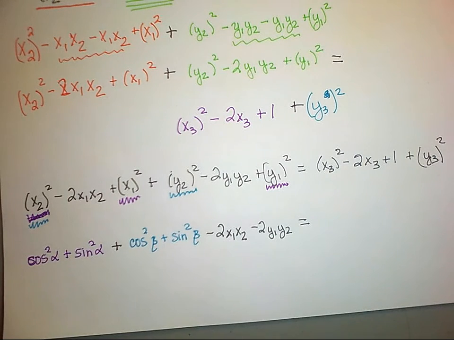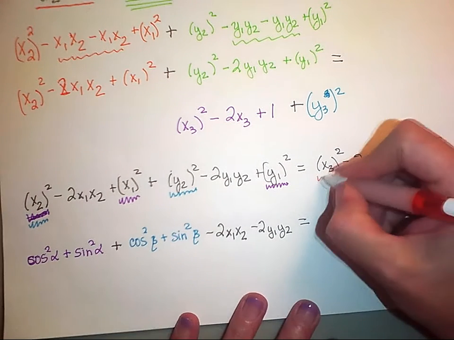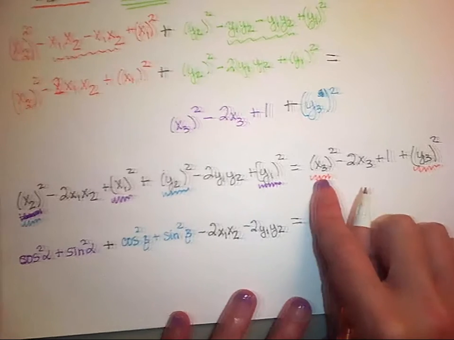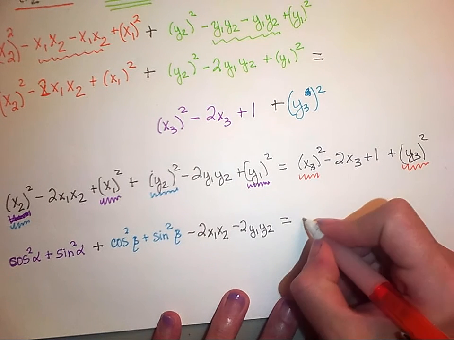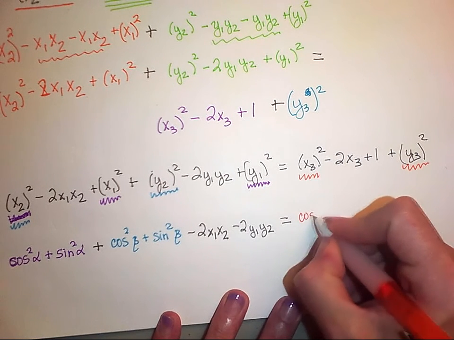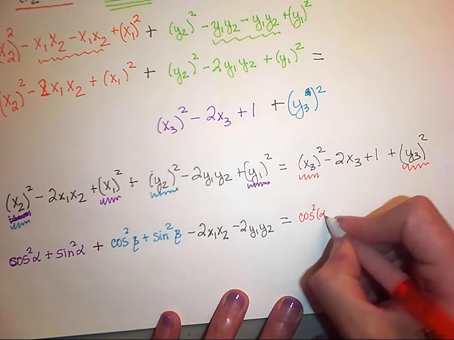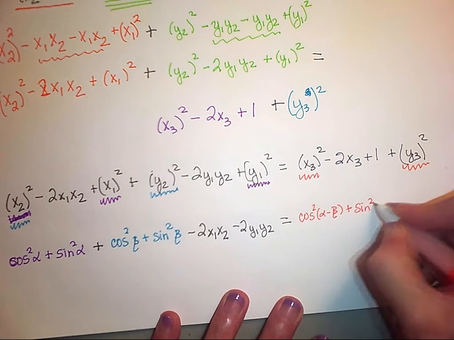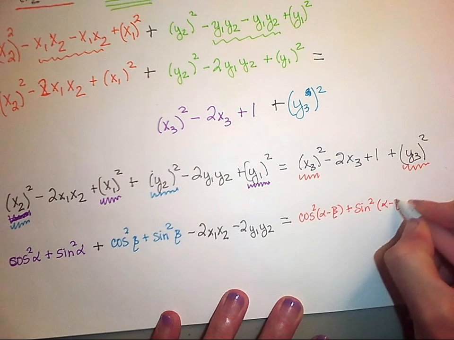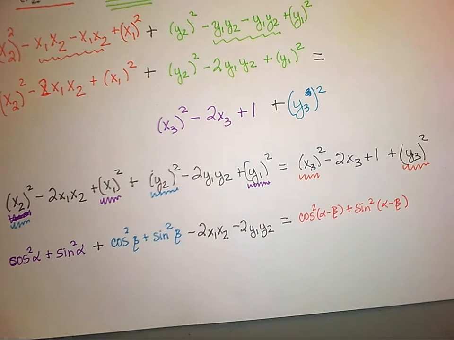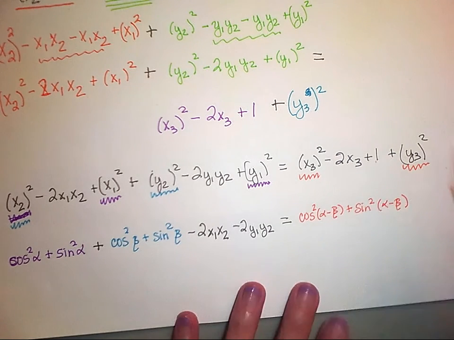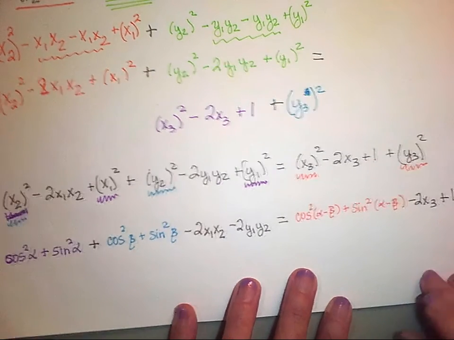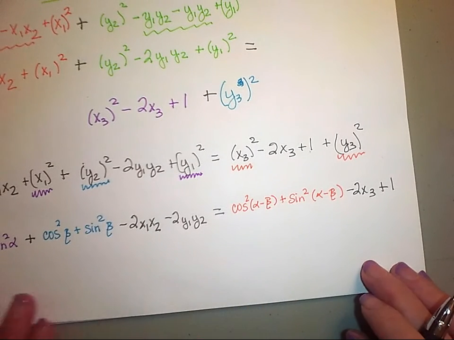On the right-hand side, we also have an x3 squared and a y3 squared, and this was associated with the cosine squared of alpha minus beta plus the sine squared of alpha minus beta. Then we'll just bring these down: minus 2x3 plus 1.